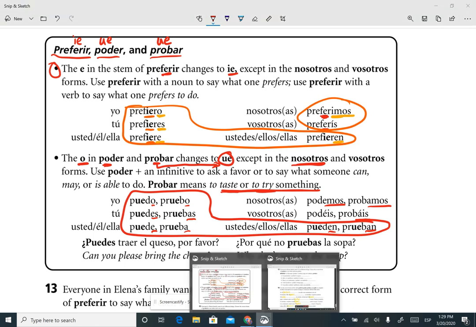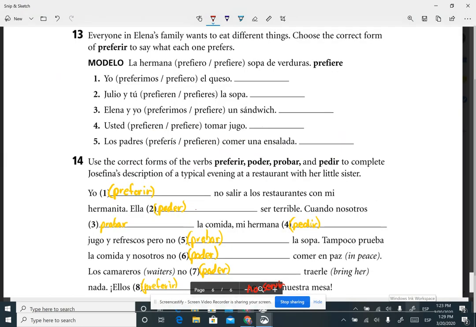In your assignment, we have some examples of these verbs. The first section is pretty easy, like a 50-50 shot. What you have to do is identify the subject. The first one is yo. If it's yo, it has to end in an O ending, so that gives it away. You don't even have to think about what the sentence means. This is going to say yo prefiero, I prefer the cheese.